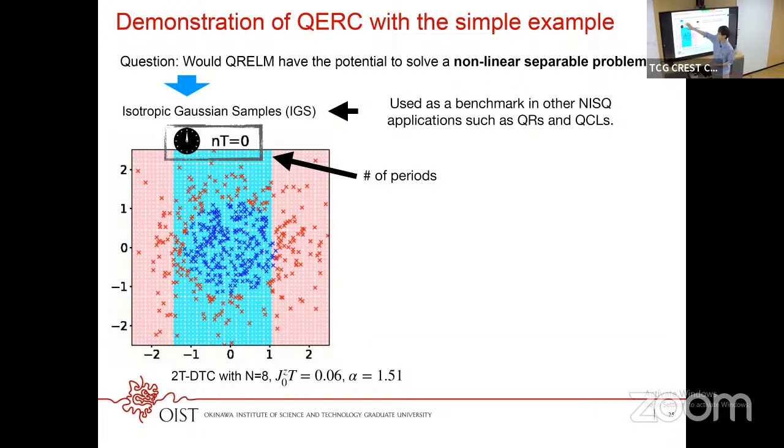Now this represents the time or period of the reservoir. For example, at the initial time, it means that there's no dynamics. As I said, it cannot solve this type of problem. The isotropic Gaussian problem is not solved by QERC because time is 0, which means there is no dynamics.